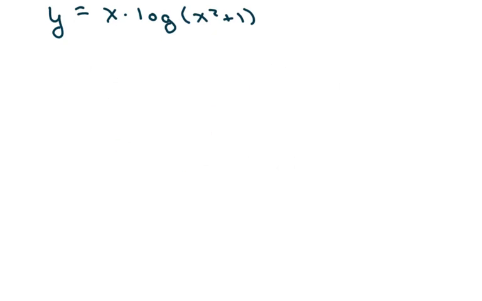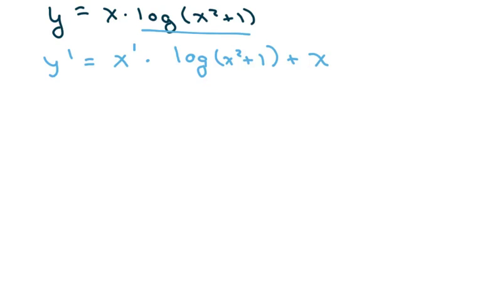And for our last one, we have this one here, and it's very similar. So what we're going to do is take the derivative of x times log of our second function, and then we're going to multiply x times the derivative of log of x squared plus 1.